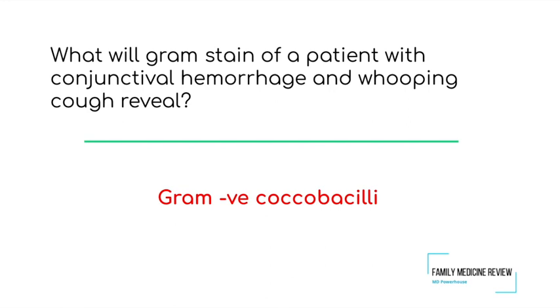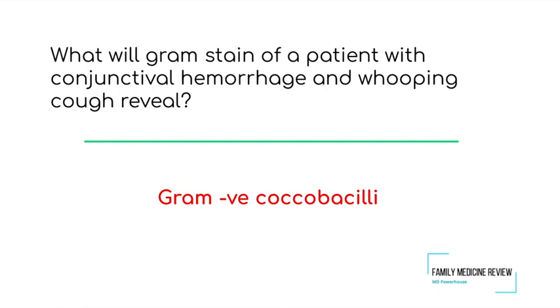So typically when you do a physical exam, you find conjunctival hemorrhages, you see petechiae, they'll have post-tussive emesis, and lab findings can reveal lymphocytosis. So the gold standard diagnosis of these patients is a nasopharyngeal swab, and you typically treat them with azithromycin, especially those who are in close contact with a patient with this infection.